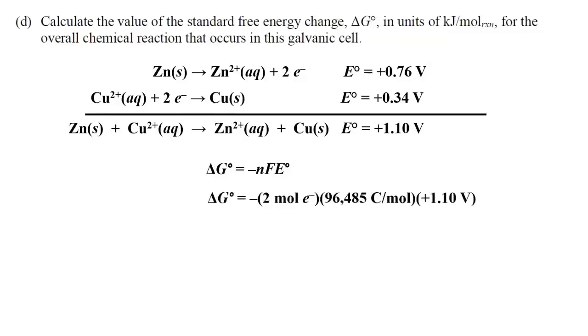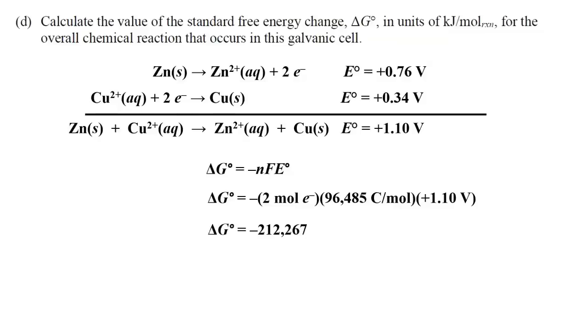So delta G is equal to negative, don't forget that negative sign, that's part of the equation, times 2 moles of electrons transferred, times F, the Faraday constant, 96,485 coulombs per mole of electrons, times the standard cell potential, which we determined was positive 1.10 volts. We're expecting a negative value for delta G because this is a thermodynamically favored reaction.